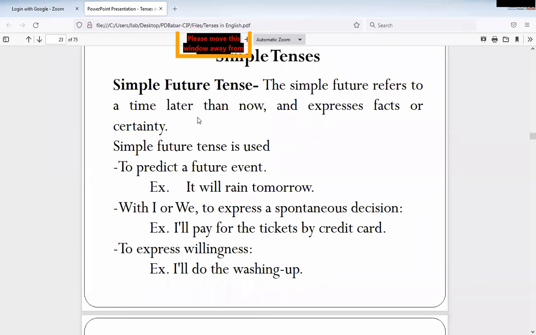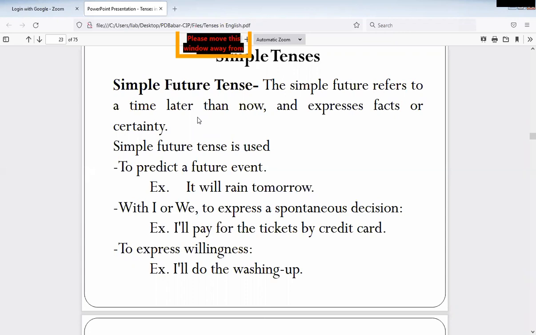The simple future refers to a time later than now and expresses facts or certainty.